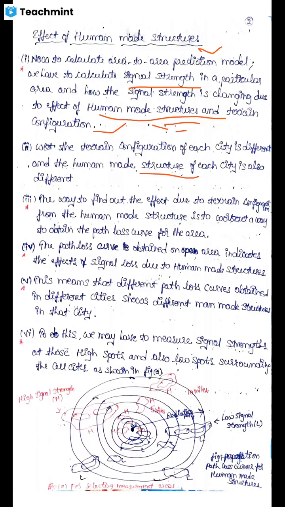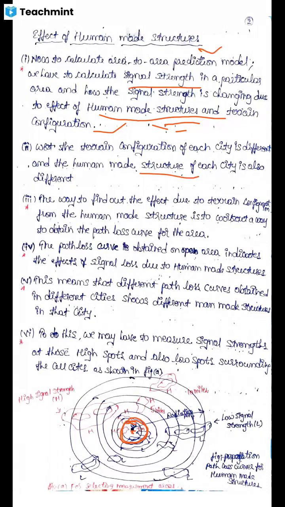So here I am taking the base station, and at the base station I am considering a circumference at a distance of 1 mile. At the 1 mile distance I will consider what are the human-made structures, that is what are the buildings or what are the natural terrain configurations. And in this 1 mile area I will take the readings of high spot areas and low spot areas.